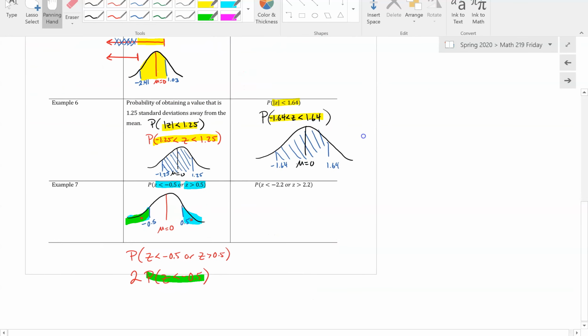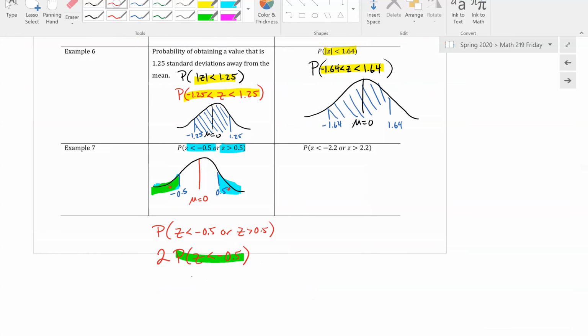And I'm going to double that up. So I should get 0.617. That would be this total probability here, the total combined area under the curve of numbers left of this z-score or right of this z-score.